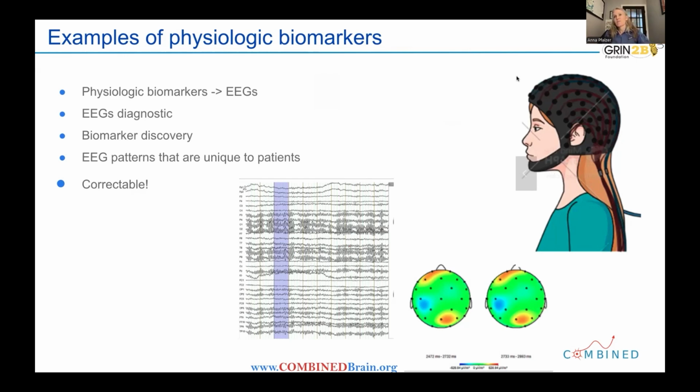Here is just a caricature of someone wearing an EEG cap. I had one of those on the last slide. These figures right here, these two overviews looking over someone's head with the different colors, are an example of a different type of assay that was looking at the event-related potential, or evoked-related potential. What these measure is differences in how an individual responds to a particular stimulus.